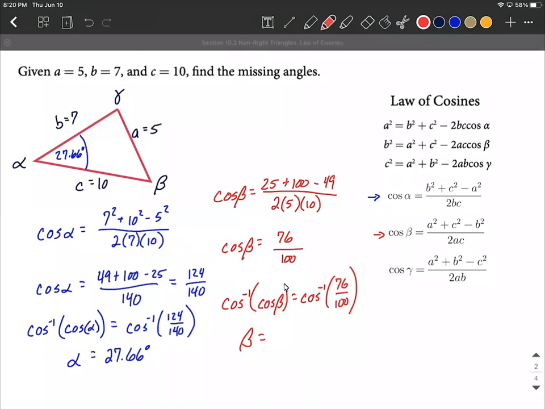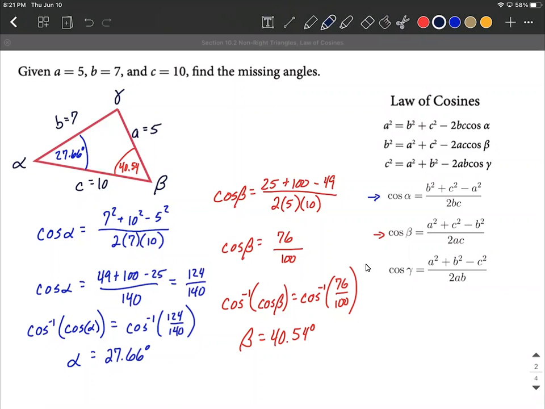I'll close some parentheses off there. I got 40.5358, so 40.54 degrees. I'll go to 2 decimal places, just like the first one we rounded to 2 decimal places. So 40.54 degrees.